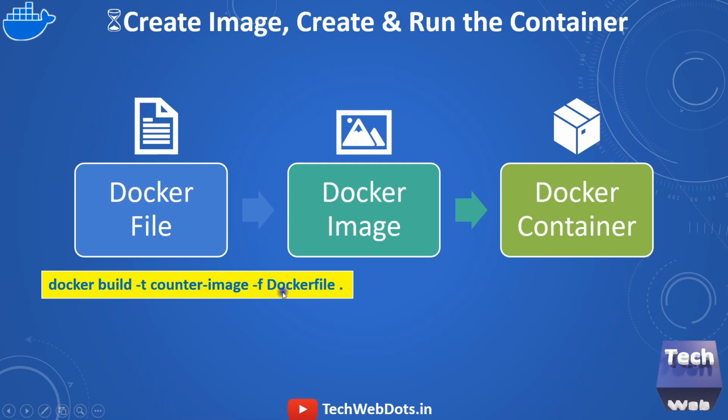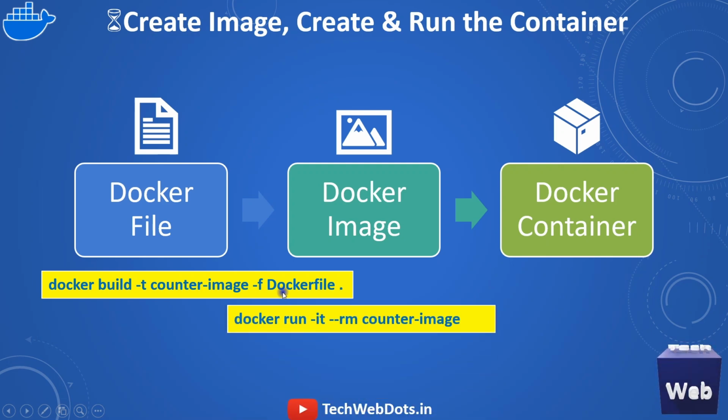The dot is required in this statement. When you run this docker build command, the image will be created, and then when you run docker run -it --rm counter-image, the --rm removes the container when it is stopped.